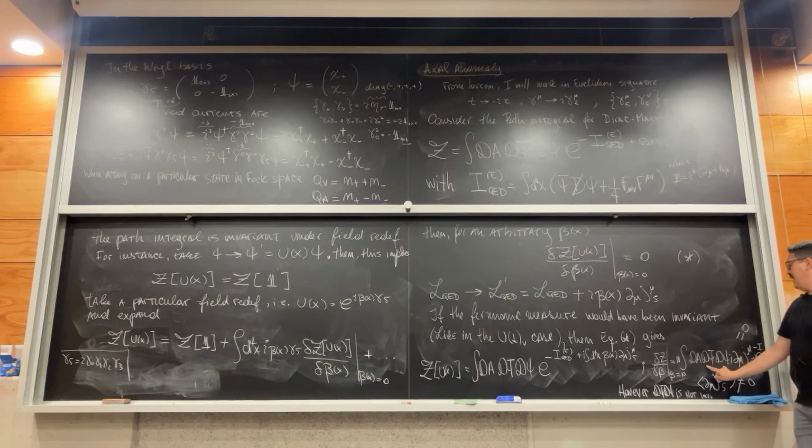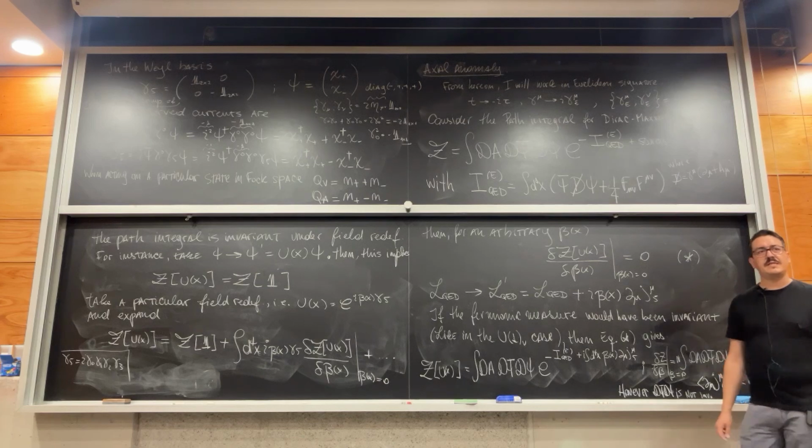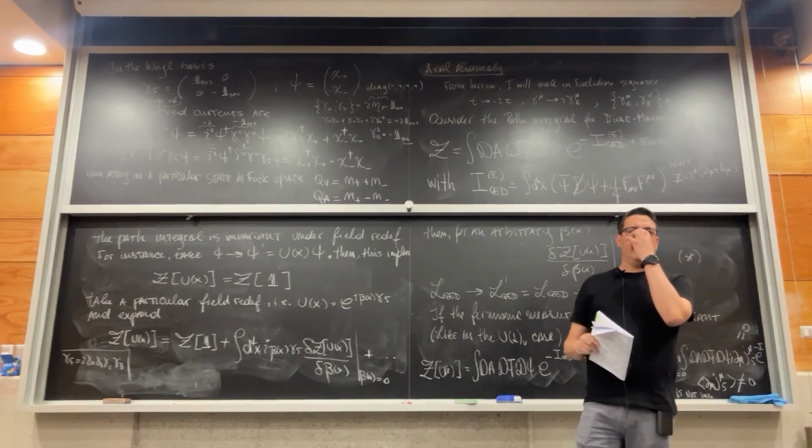That's true if this is invariant. But if it is not invariant, it will contribute at the end. So in the case of the U1 vectorial, it will cancel out. But in the U1 axial, if you take the normalization factors and everything, it will contribute in any case. And you will get additional terms.